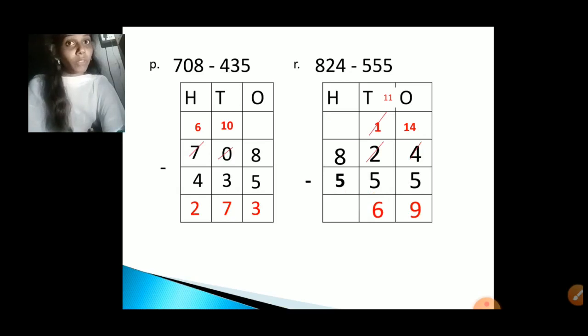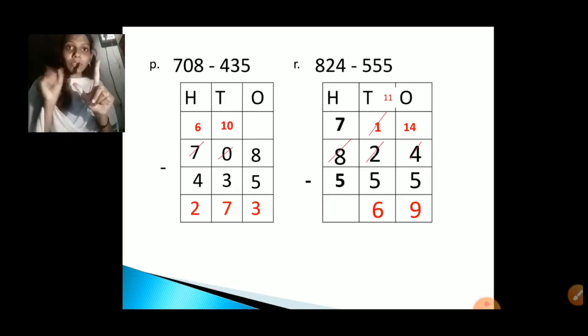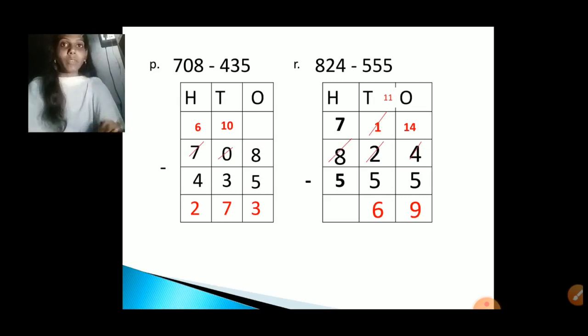Now we borrow from the 100 place also. So we will cut 8 and instead of 8 we will write 7. Right? So 7 minus 5 equals to how many? 2. 2 left. So 2 we will write under the 100 place.